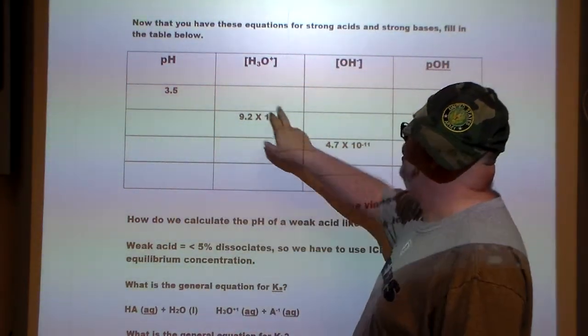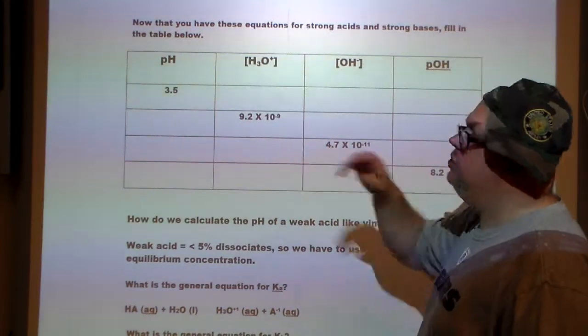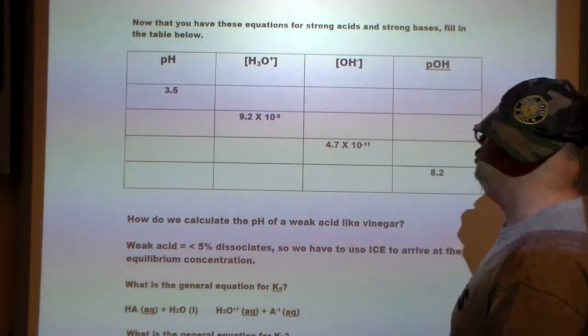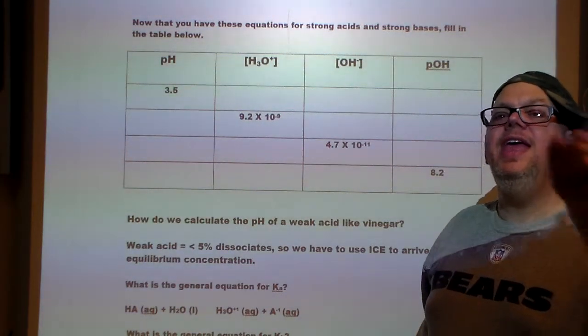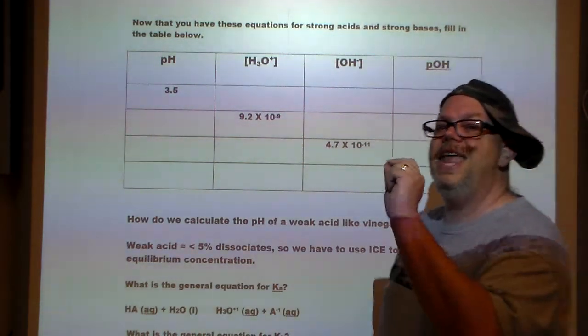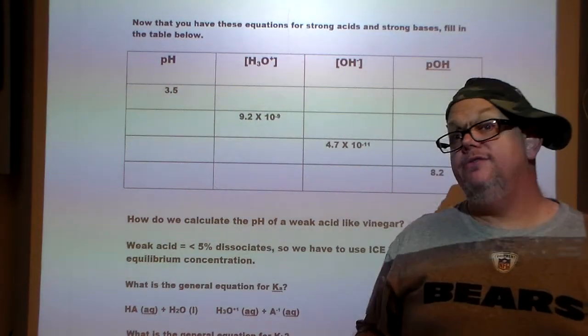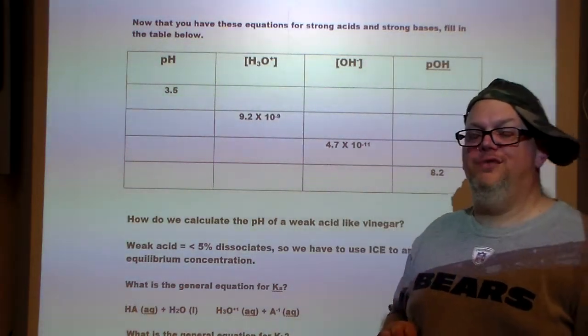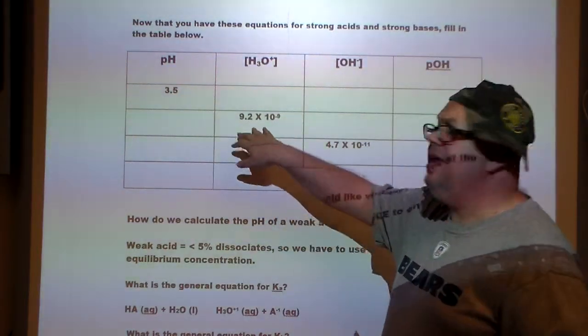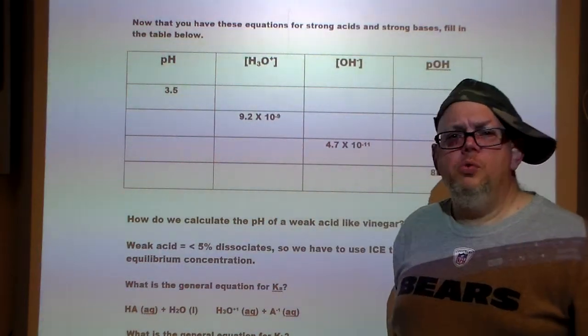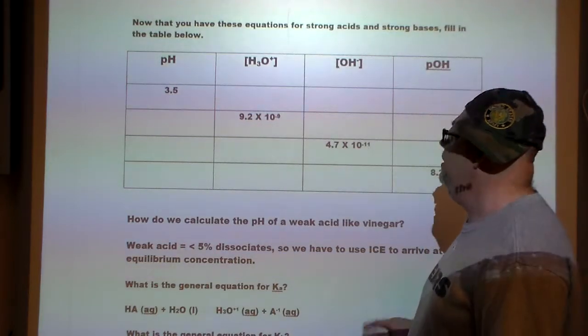What about the concentrations themselves? That's not too bad. If you're going to find the concentration of something, you take the inverse log of the negative pH or the negative pOH. Do refer to your formula, okay? And same thing with the H3O, if you want to find the concentration.